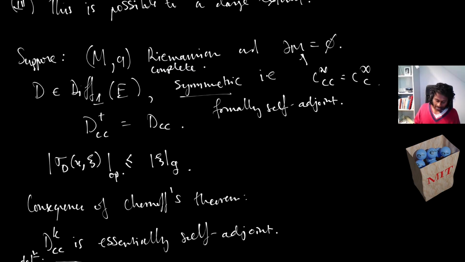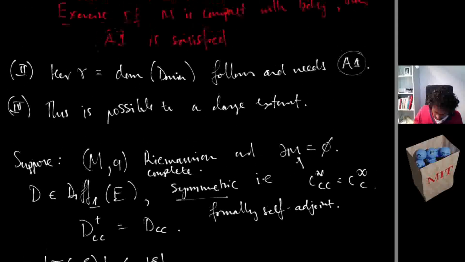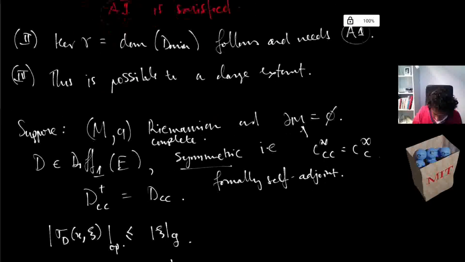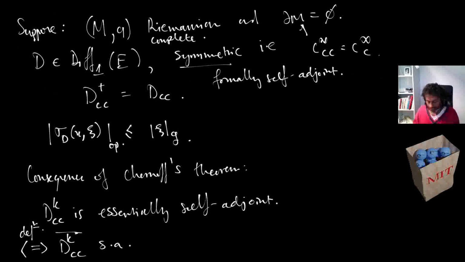And that's why the choice of language to say that the density of this in dom D max means really that the operator is complete. This notation really comes from the geometric setting, the boundaryless geometric setting, when you have a complete metric and you have some control over the principal symbol of the operator in terms of the metric.